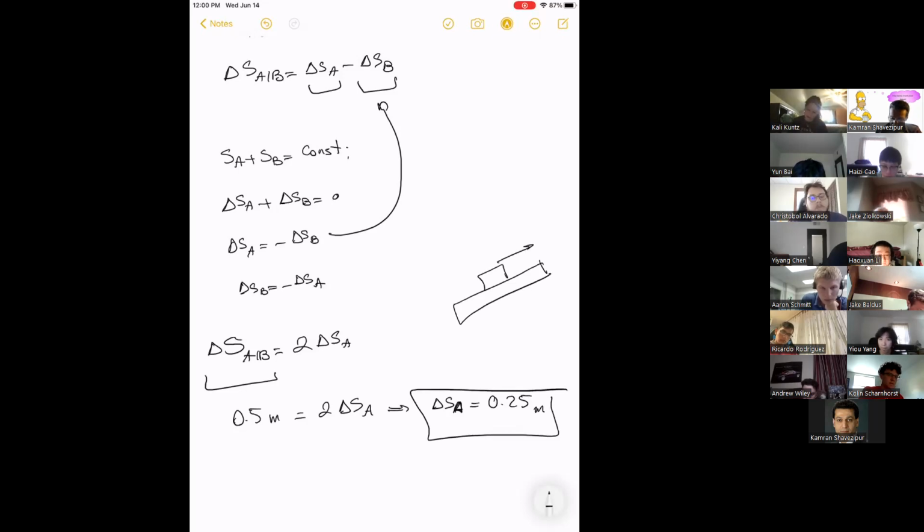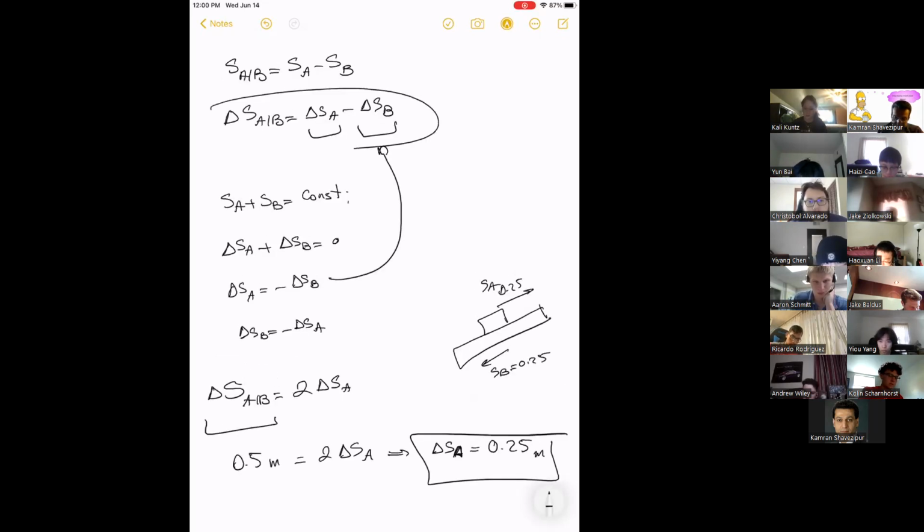The absolute displacement of this is 0.25, the absolute displacement of this is 0.25, and the relative displacement is 0.5. Any question up to here? So I'm using the relative motion and the constant-length relation, combining them to see how much actual displacement A or B has.